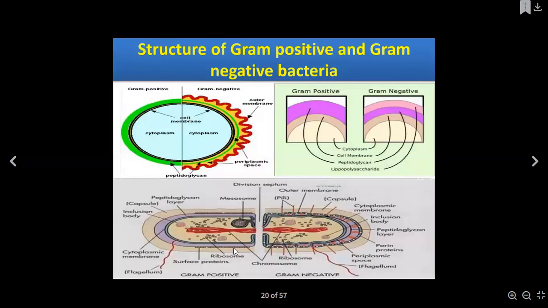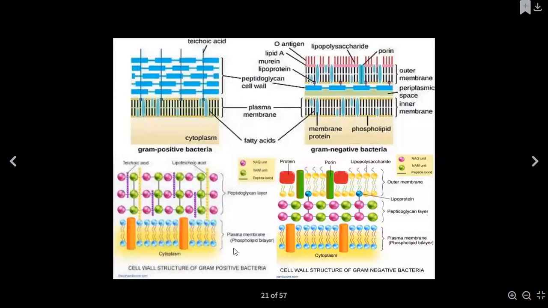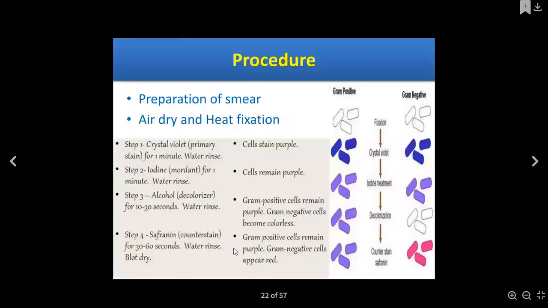So yeah, just looking at the procedure, because we don't have as much time, make sure you've memorized that the primary stain is the crystal violet and the secondary stain is the red saffron, or the counter stain. Then the mordant is iodine, and the decolorizer is alcohol, right? So just looking at the steps quickly, we have the crystal violet, right?